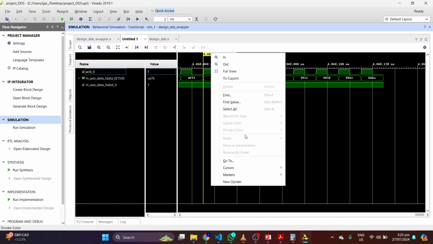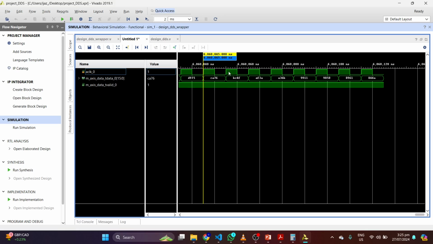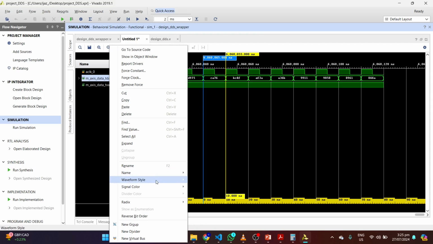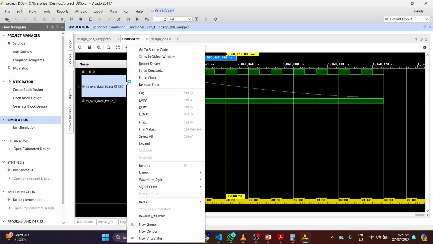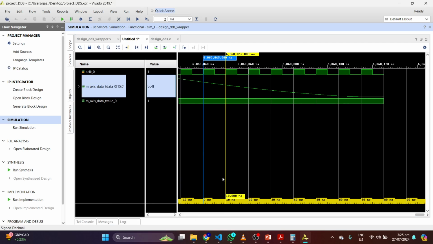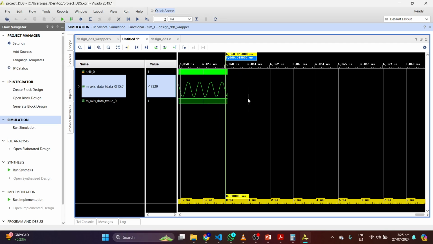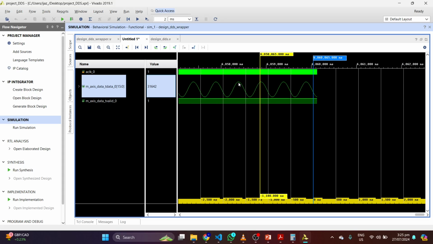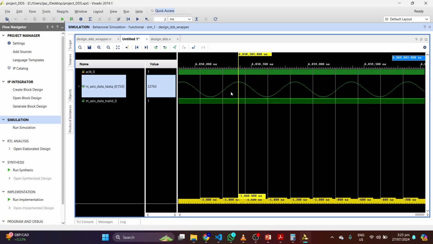I will just put a marker over here. You can see it's a 10 nanosecond period of the clock signal. And if I show you the analog of this sinusoidal signal, you can see that this is the sinusoidal signal of 2 megahertz frequency.